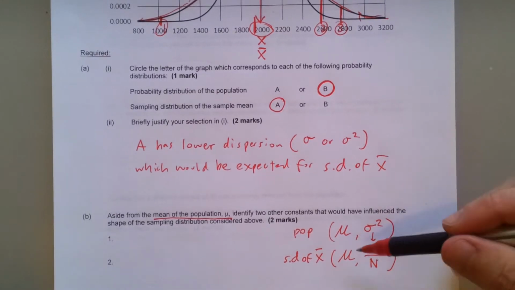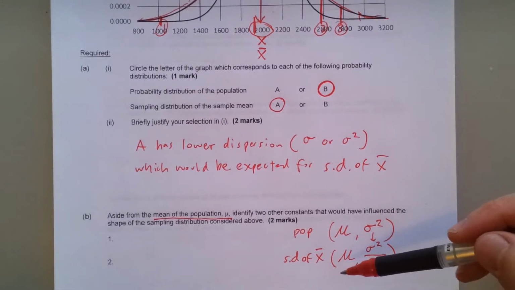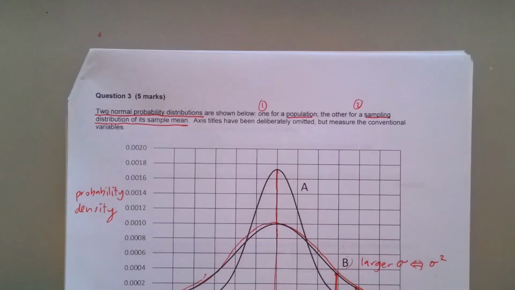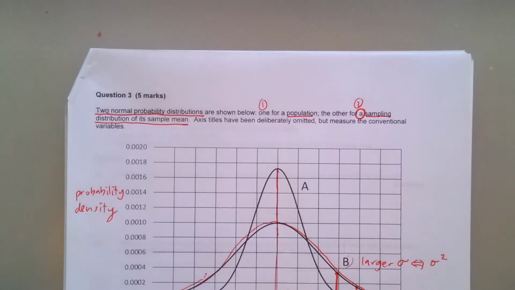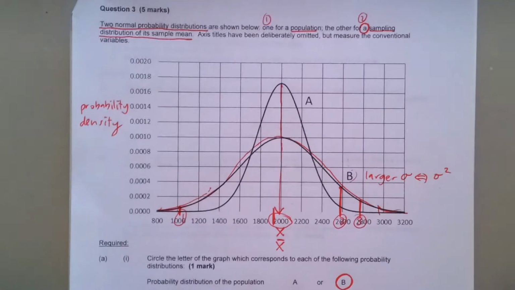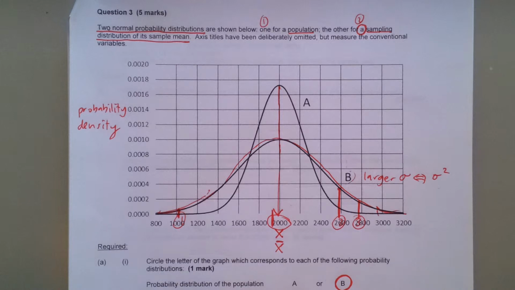So what this tells us is that we can have different sampling distributions of the mean. That's why this question up here says for a sampling distribution of the mean. We can have a sampling distribution of the sample mean with sample sizes of 3, and I gave you one example of that before, or we could have a sampling distribution where every sample that we took when we were calculating the mean was, say, 10.